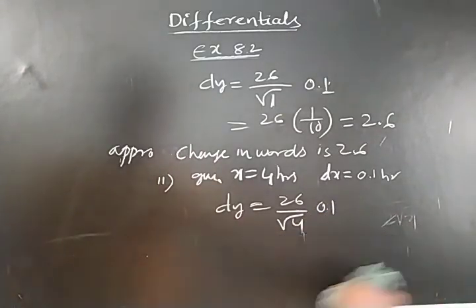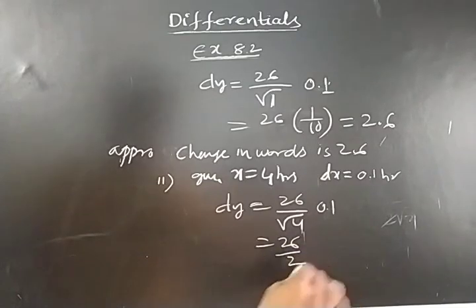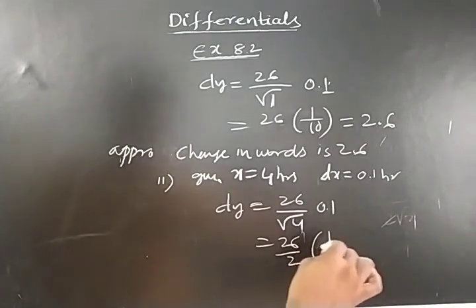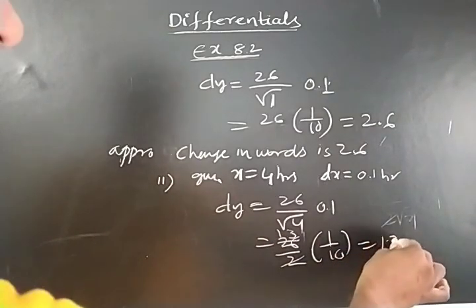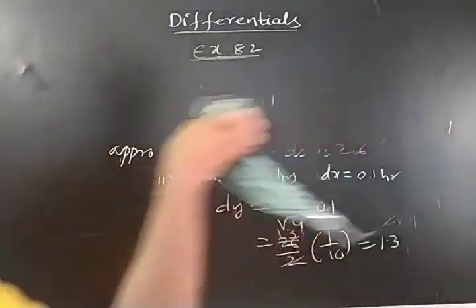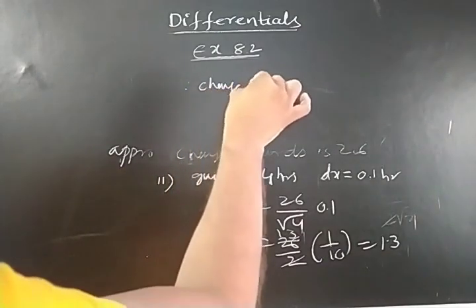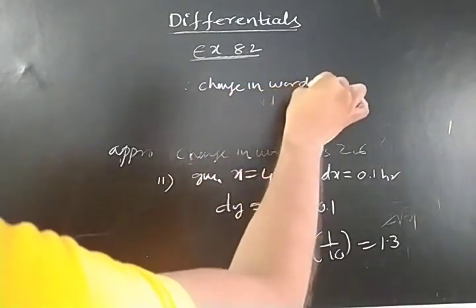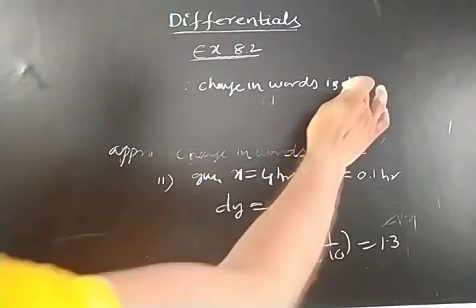Now simplify. 26 by root 4 is 13, and 0.1 we can write as 1 by 10. So 13 by 10 we can write as 1.3. So change in words is 1.3 for the second question.